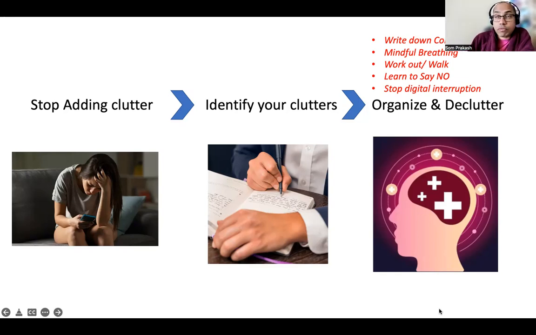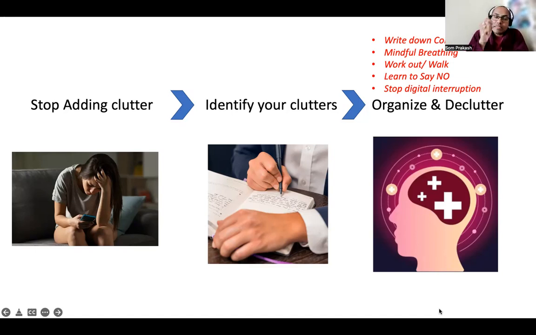If you are not feeling good, you are feeling fearful, you are feeling stressful, these are all bad feelings. So you have to identify your clutters by identifying these thought patterns and feelings, and once you identify them, then you can correct it.